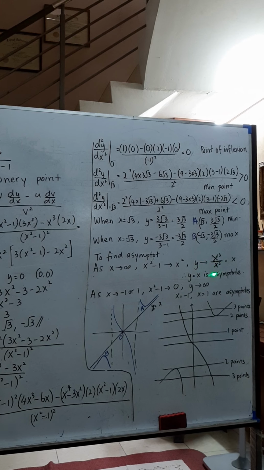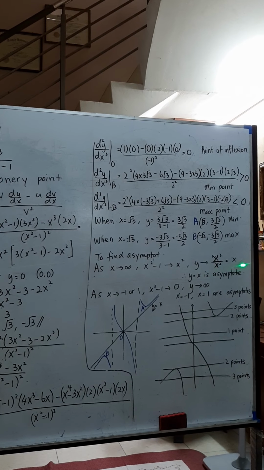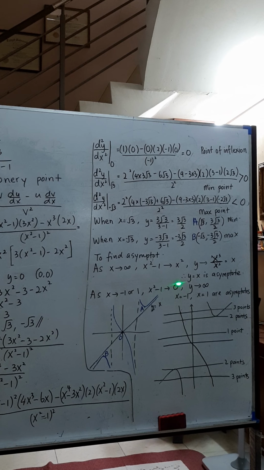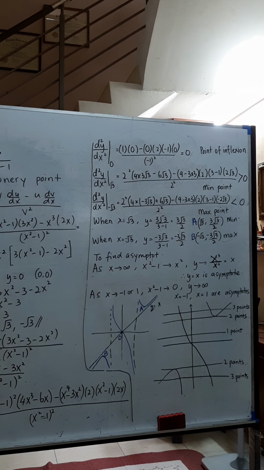So now y becomes x cubed divided by x squared, which is just x. So as x goes to infinity, y goes to x. Therefore, y equals x is an asymptote.